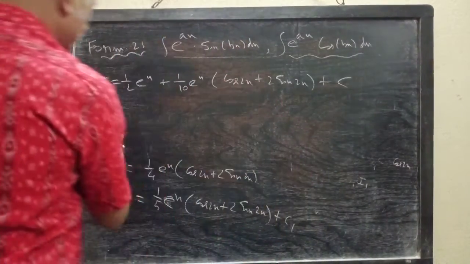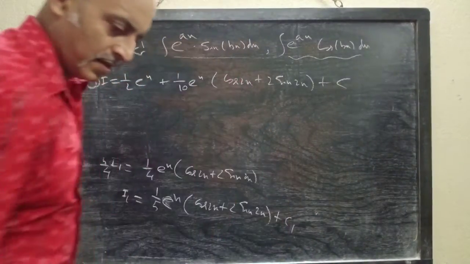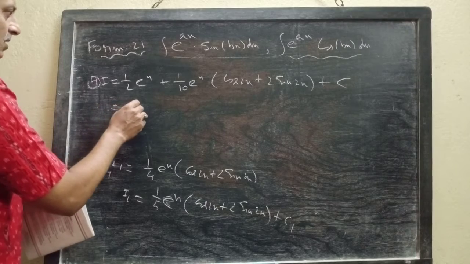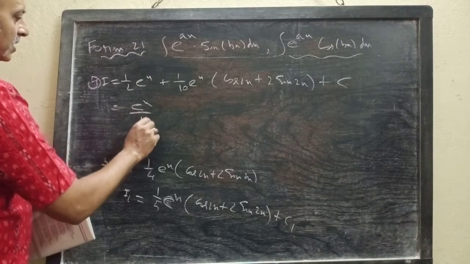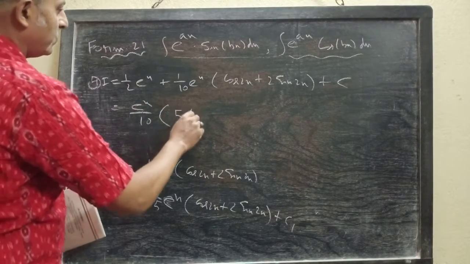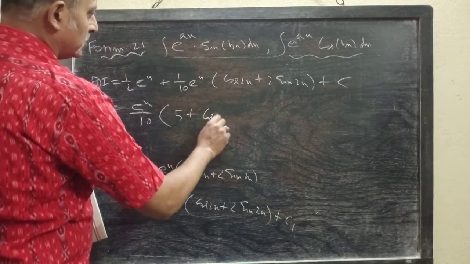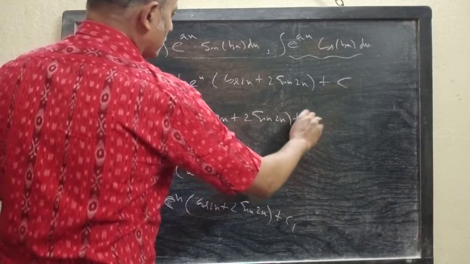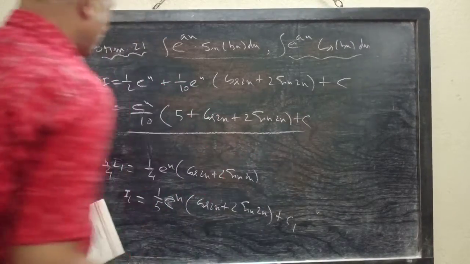You can further simplify it. You can write e to the power x by 10 into 5 plus cos 2x plus 2 sin 2x plus c. This is your final answer.